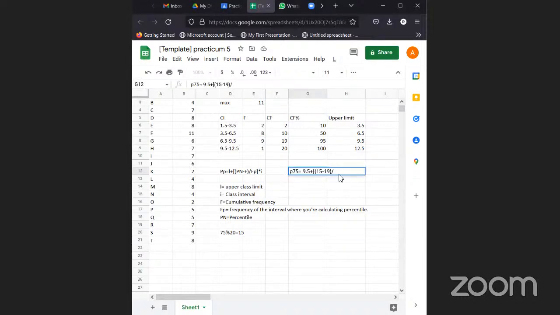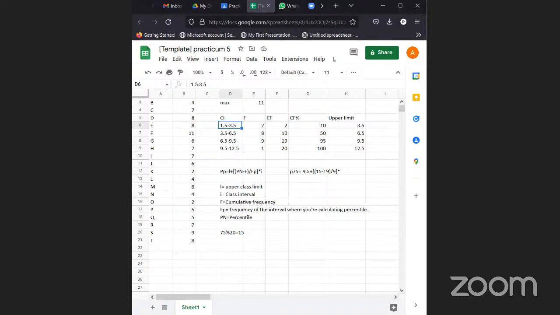So we get it as 9. I close the bracket here into what is I? Can we calculate I? 3.5 minus 1.5 is what? Yeah, so that is our class interval.